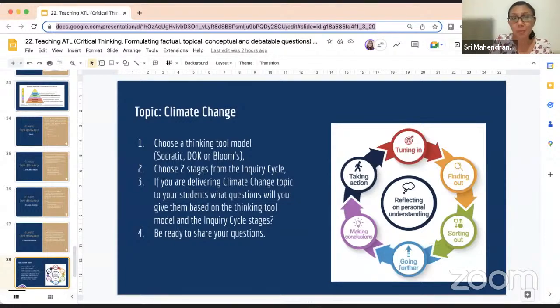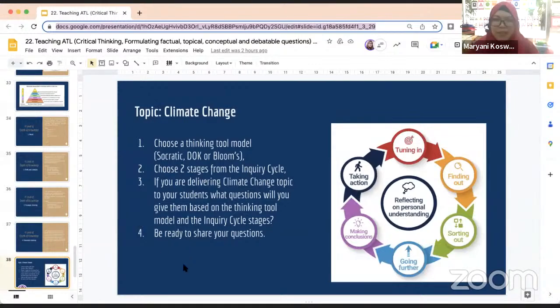I would like also to implement it in my class. I have an inquiry about applying it, especially from the perspective of language acquisition. Will it be possible to put all together the Socratic, the DOKs, and the Bloom's? I think the Bloom's taxonomies that I use a lot explicitly in my language teaching, or we can actually choose them.